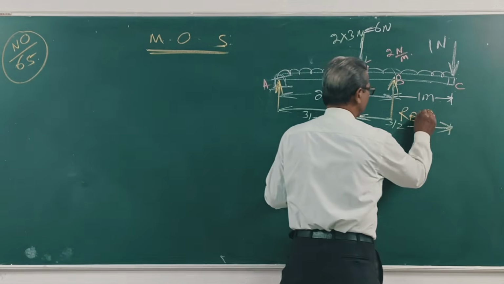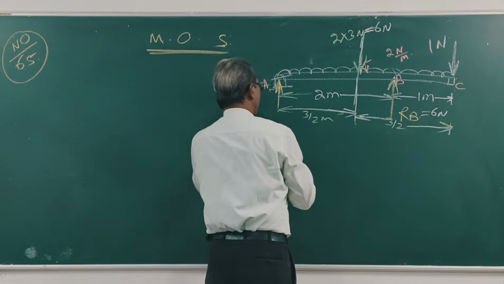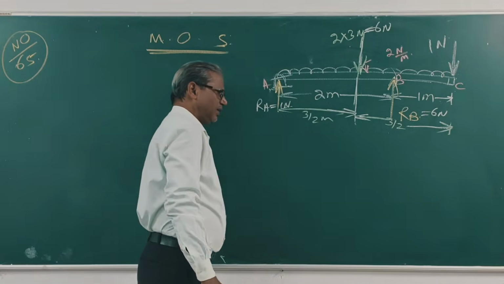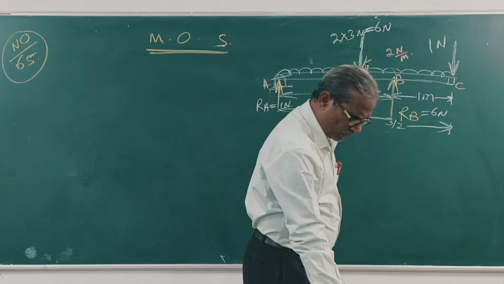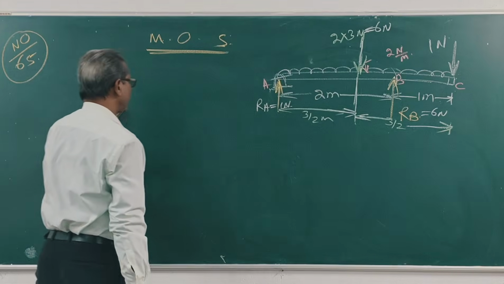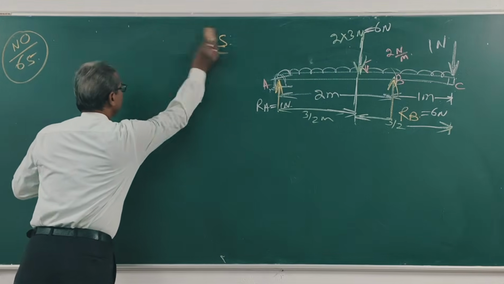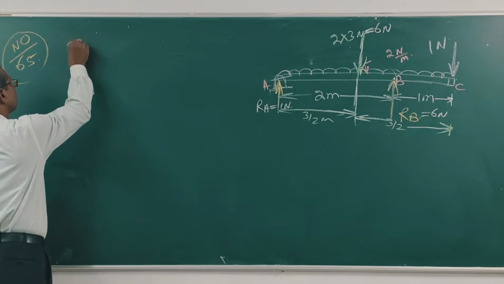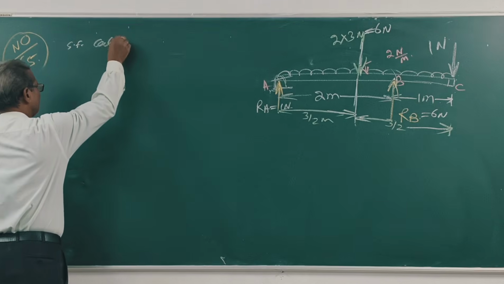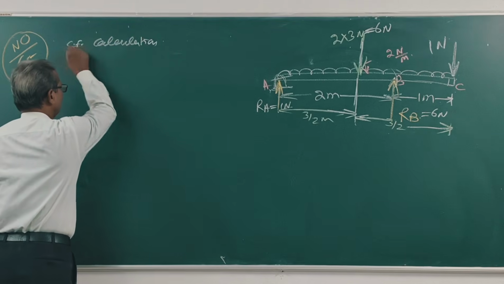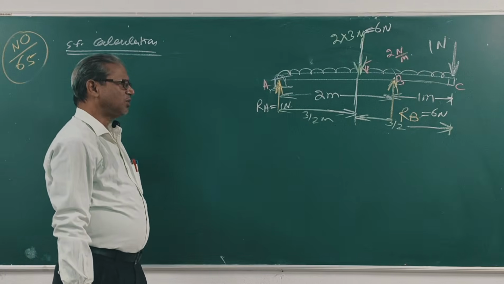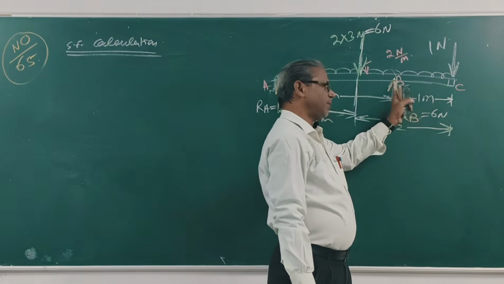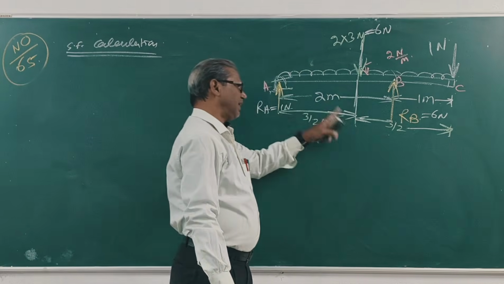So RB is equal to 6 Newton, RA is equal to 1 Newton. Clear? Now shear force calculation at C right, C left, B right, B left, A right, A left.